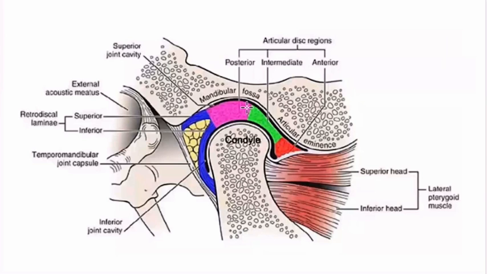But mostly the articular cavity in joints that we have long bones. These are called mostly the mandibular bone with the temporal bone, which is not a long bone.